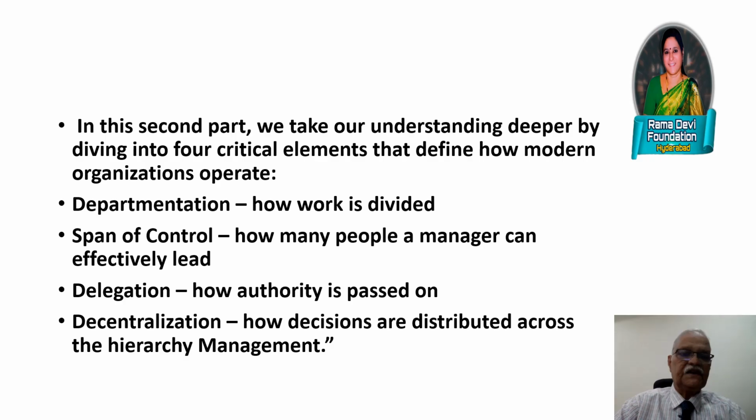Those are departmentation, how work is divided; span of control, how many people a manager can effectively lead; delegation, how authority is based and is passed on; decentralization, how decisions are distributed across the hierarchy.